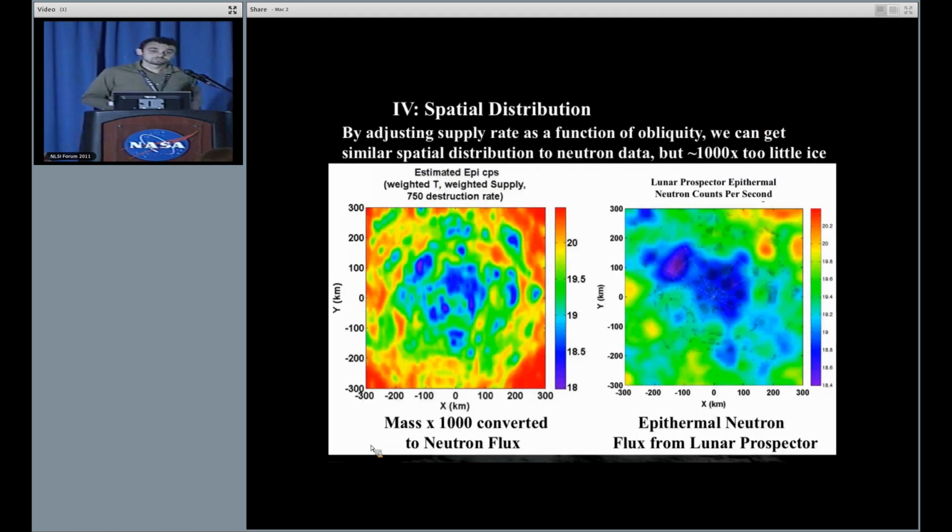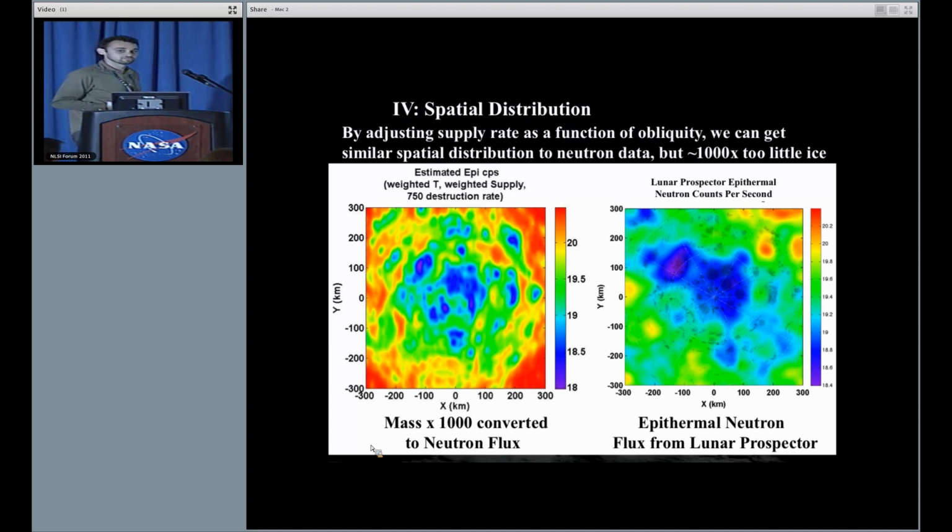So we could put that all together with the Schorghofer and Taylor model, by weighting the supply history, saying, okay, we had a higher supply rate in the past, and we can get something that matches the distributions we see, right? That biases the right place. But the problem with this model is that it's about 1,000 times too little ice to really explain what we see in the neutron data.